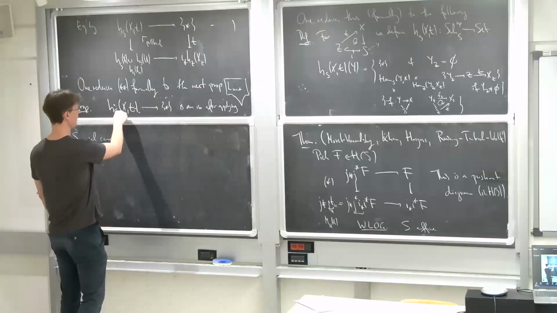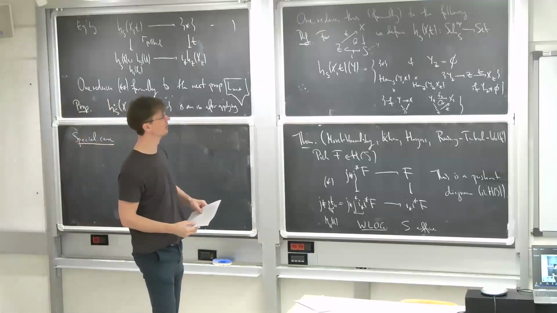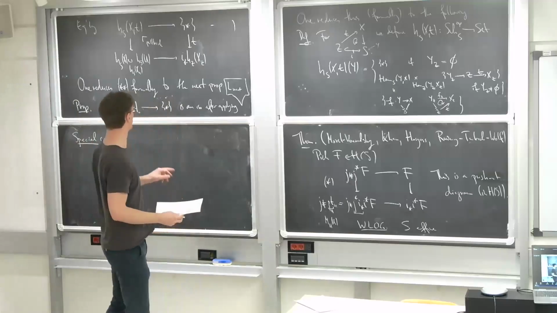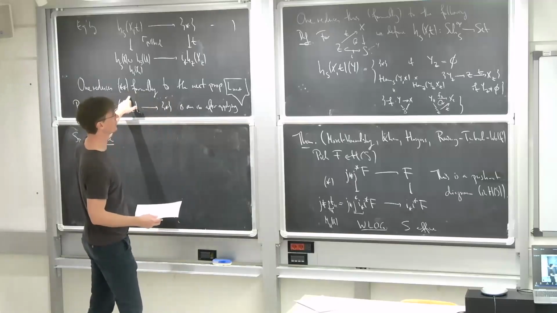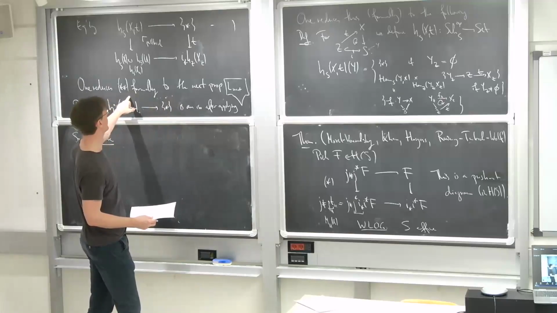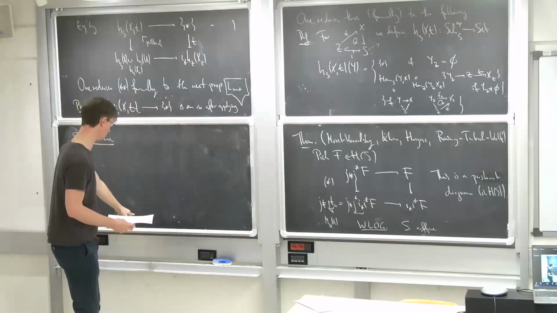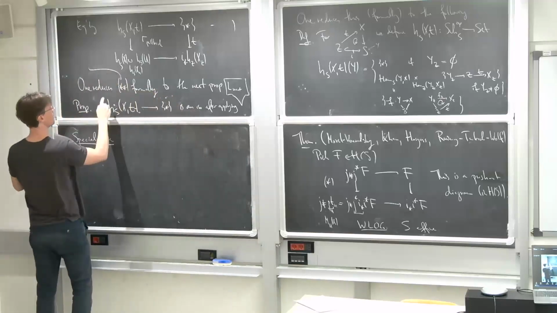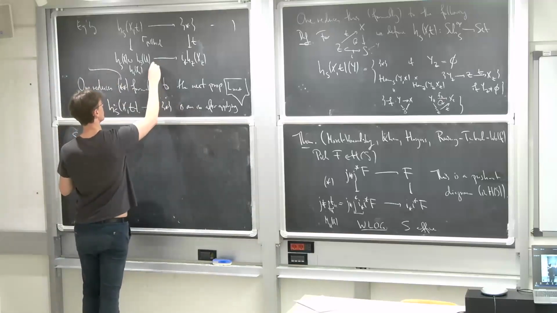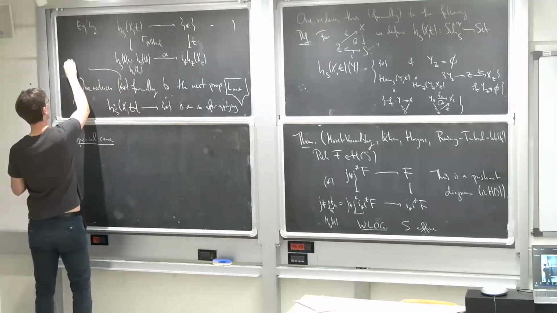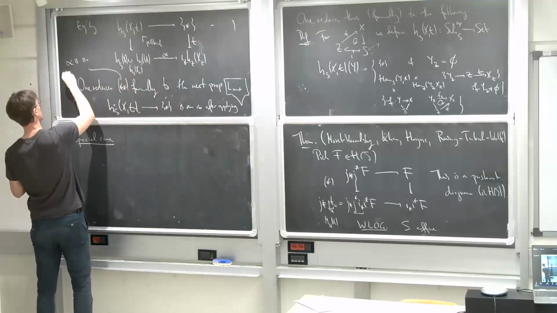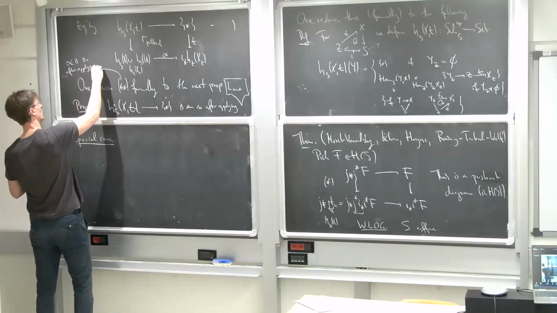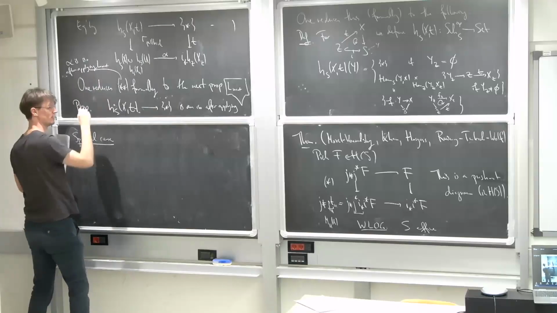Double star was basically the claim that this alpha is an isomorphism after applying this motivic localization.